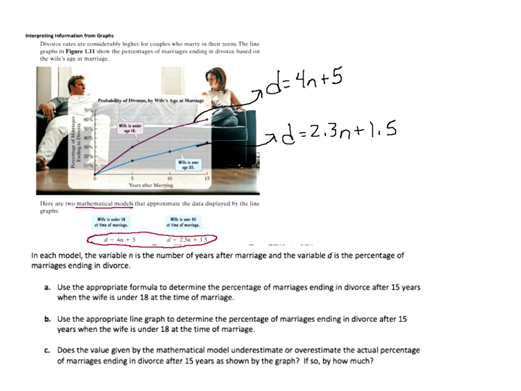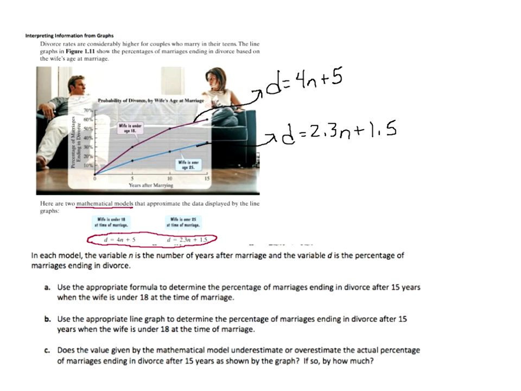Okay, so the questions below ask us to use either the mathematical model or the graph to determine different characteristics about this population. A says use the appropriate formula, so mathematical model, to determine the percentages of marriages ending in divorce after 15 years when the wife is under 18 at the time of marriage.